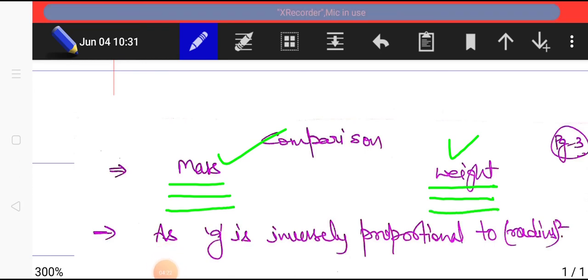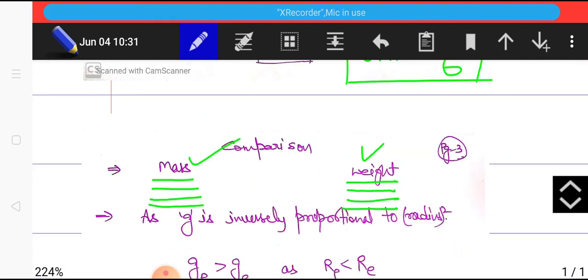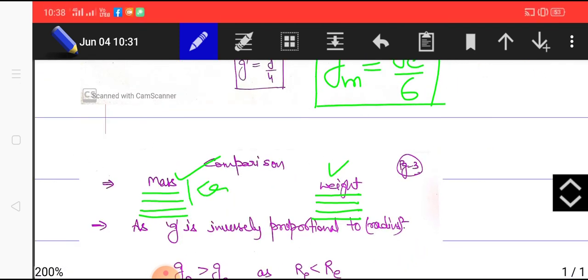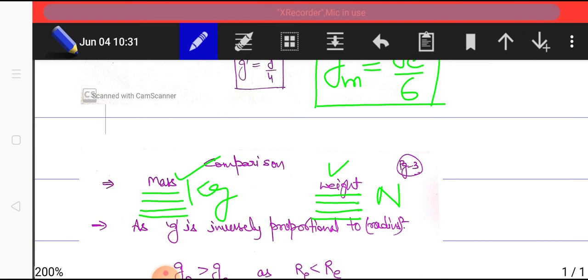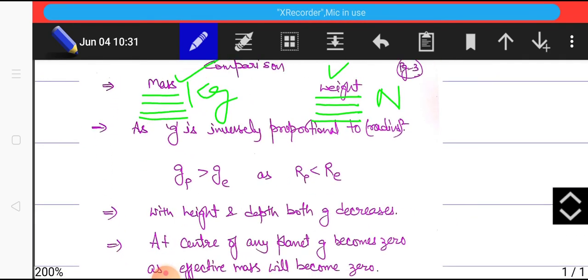Weight is the measure of gravitational pull. Mass does not change if you go to some height or if you go into the earth. But weight will change. Unit of mass is kg while unit of force is Newton. So these are a few differences between mass and weight.